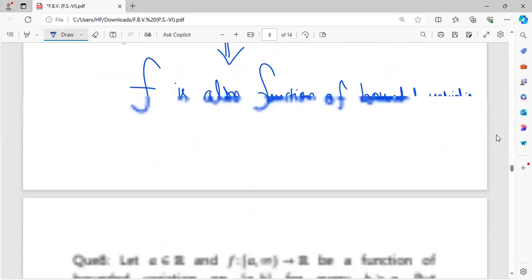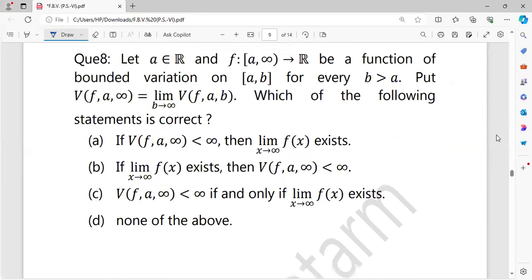Now the next question is: a belongs to R, and we are taking functions on the closed interval a to infinity. Let f be a function of bounded variation on each closed interval [a, b]. We are putting V f [a, infinity) equal to the limit of the variation of f on the closed interval [a, b].